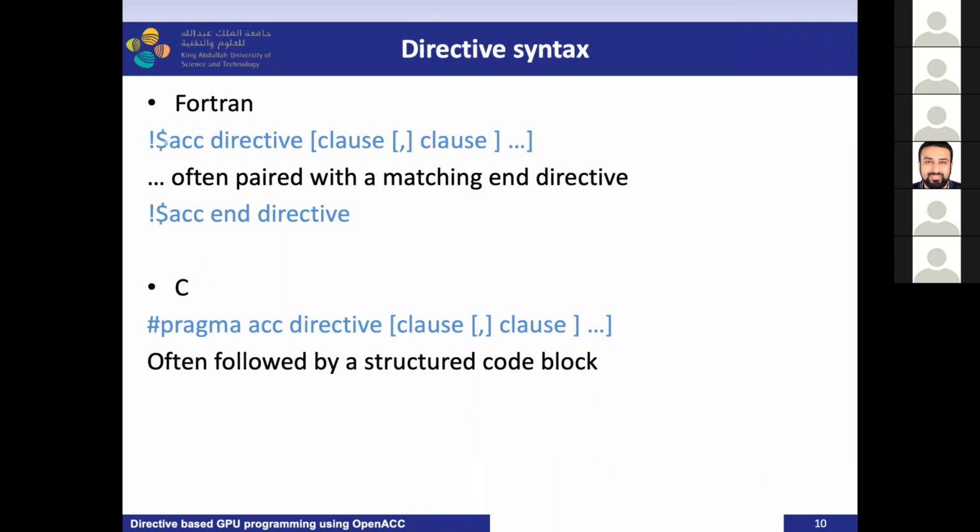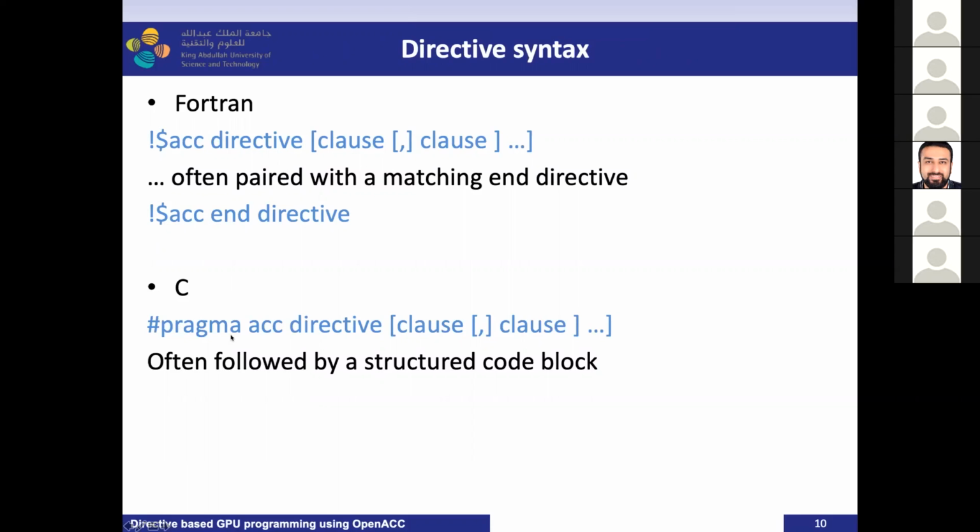Now, let's dive in and see how we write OpenACC. It's based on directives, and the basic directive that we use is the ACC directive, followed by the name of the directive, here in Fortran. Of course, in Fortran, you have to start and close since you don't have curly brackets like you have in C. But in C, you have these curly brackets for loops and structured code, with beginning and ending clearly seen in the code.